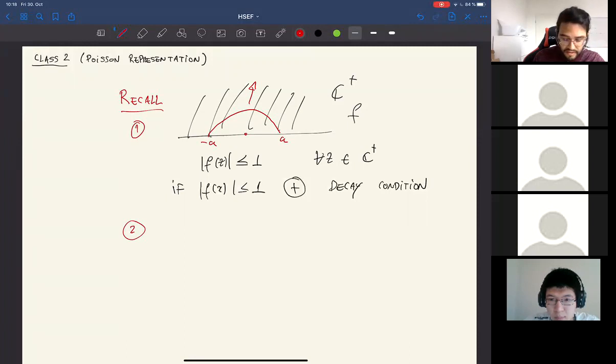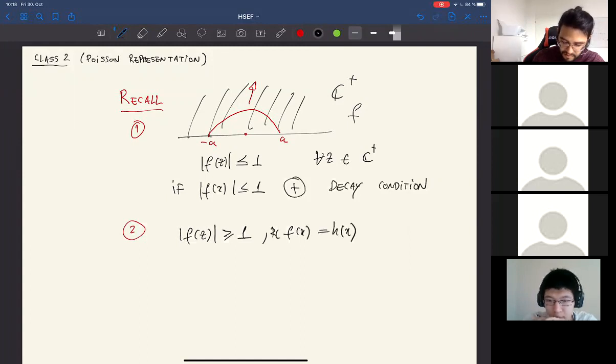And then we used Poisson's representation to construct a function f on the upper half plane whose real part was always greater than or equal to 0, assuming that I gave you any initial data on the real axis.